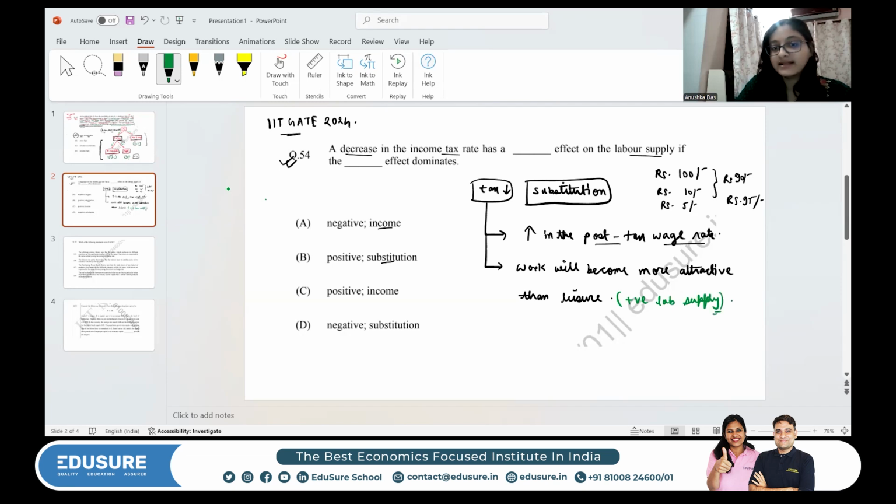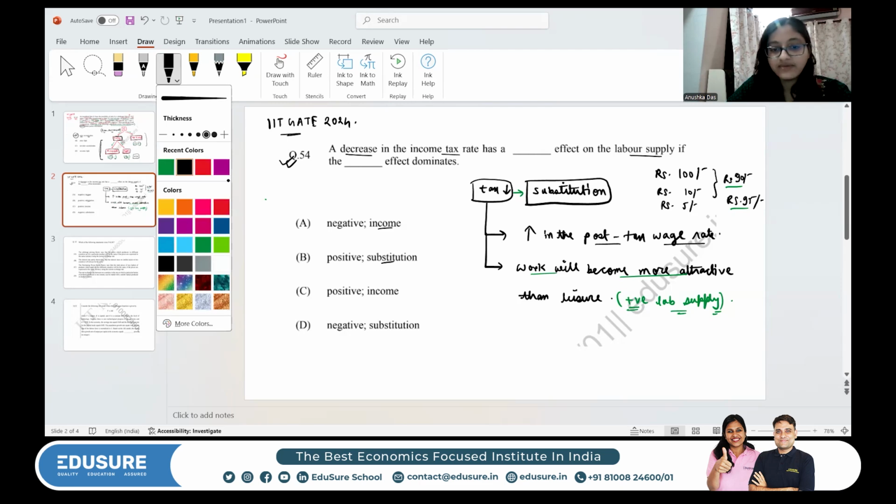I hope this is clear that if the tax falls, under substitution effect your post-tax wage rate is rising because your in-hand salary goes up due to the reduction of your income tax. And this will make your work look more attractive to you. It will incentivize the laborers to put in more work and enjoy less of the leisure. And as a result, there is a positive impact, or positive incentive, towards labor supply. So if substitution effect is dominant over income effect, labor supply will increase.